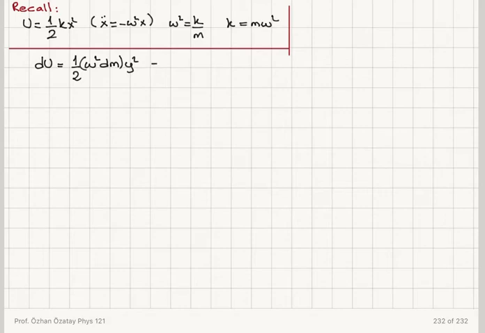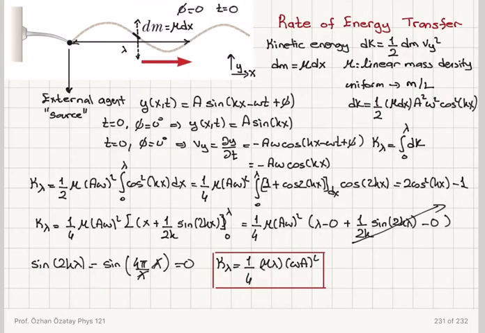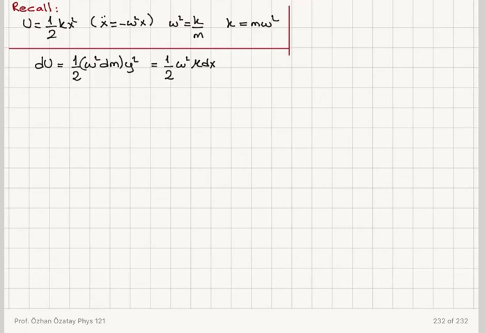So this will be equal to 1 over 2 omega squared. For dm I can write mu dx, and for y, what can I write? y is equal to a sine kx, so it's going to be a squared sine squared kx.